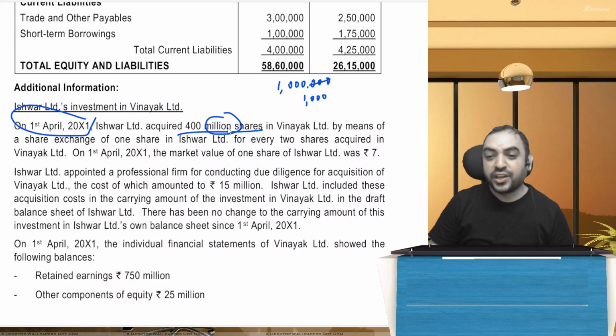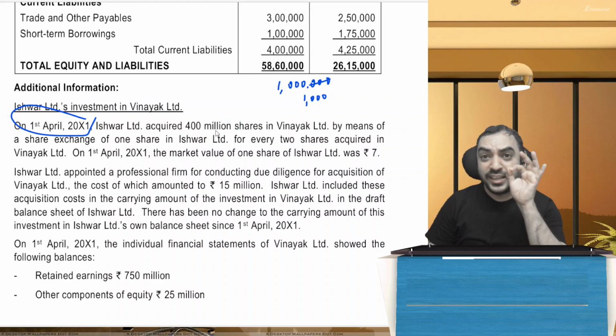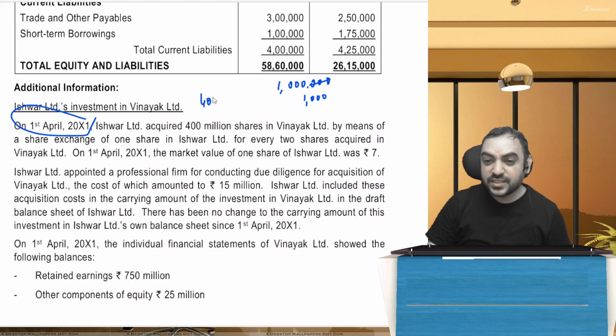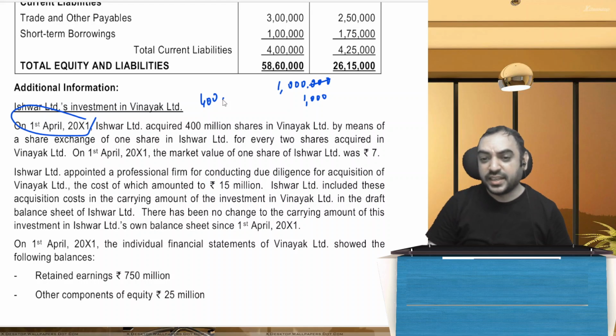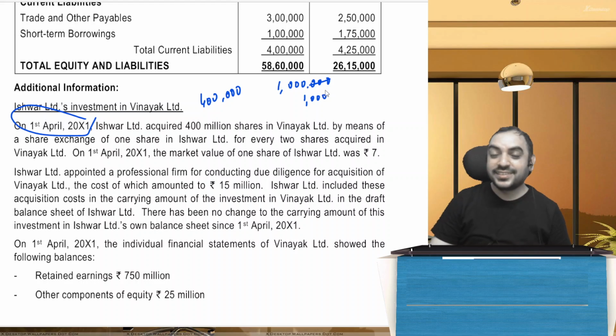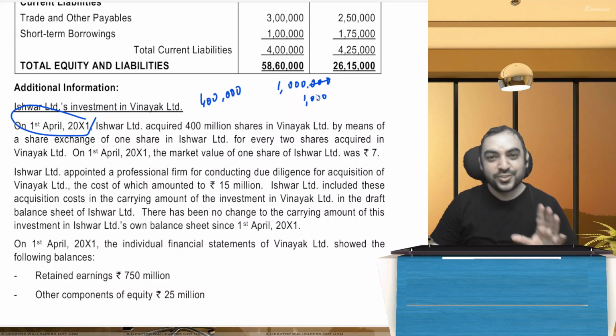So when I say 400 million shares, if I take 3 zeros out, 3 zeros will remain. So whenever I want to convert million into 1000, I will multiply it by 1000. So 400 million into 1000 is 400 multiplied by 1000. Got the point? So keep this in mind.